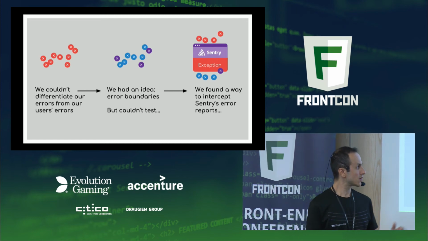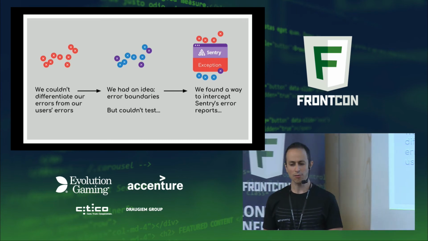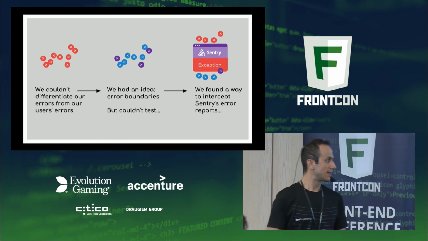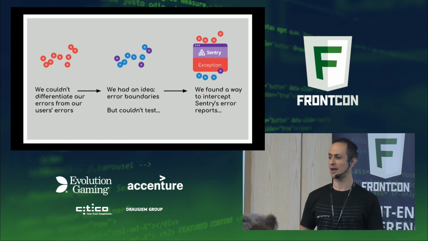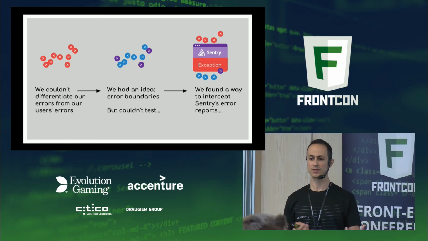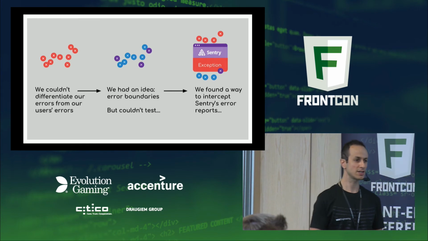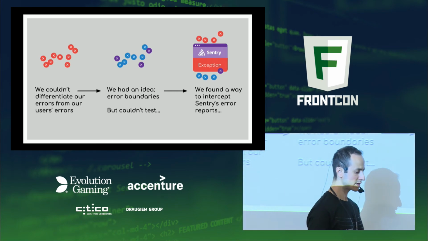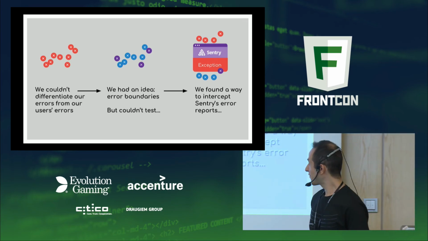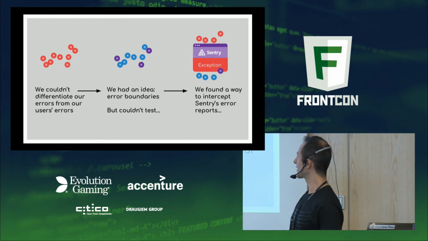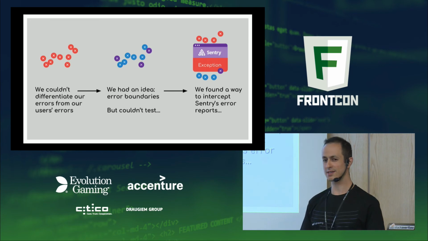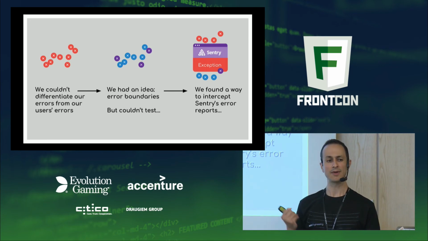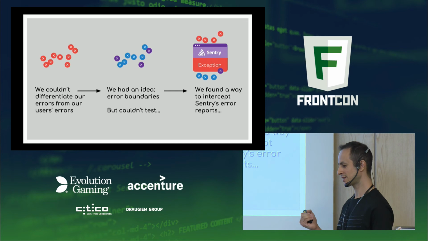I presented to you the error boundary solution that allows you to do this scoping and differentiation, and you can pass your own logic of how to deal with those errors. And finally, we learned about the Raven Test Kit.